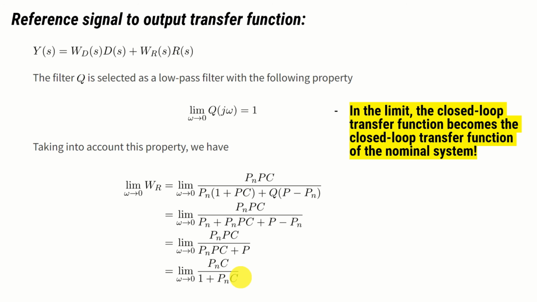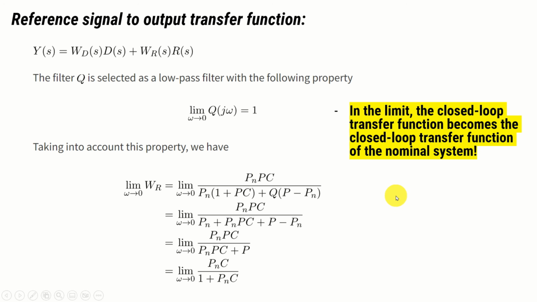That is, if the controller C is designed on the basis of the nominal plant model Pn, and this is always the case, then for low frequency or asymptotically, the controller will be able to control the true system, represented by the transfer function P, as accurately as controlling the nominal model.